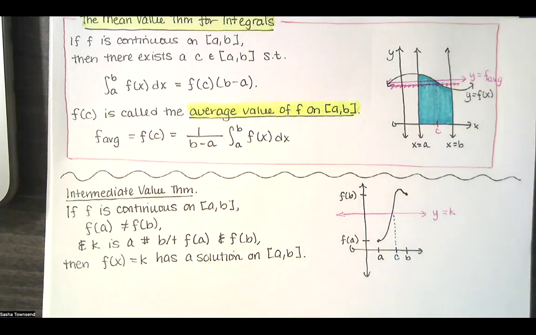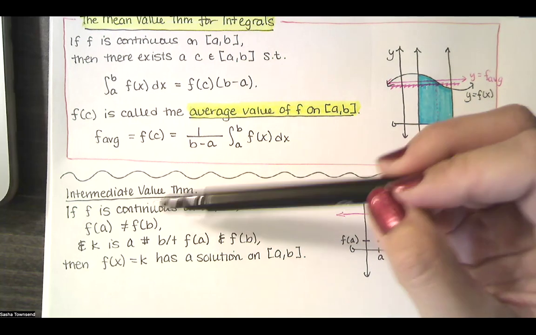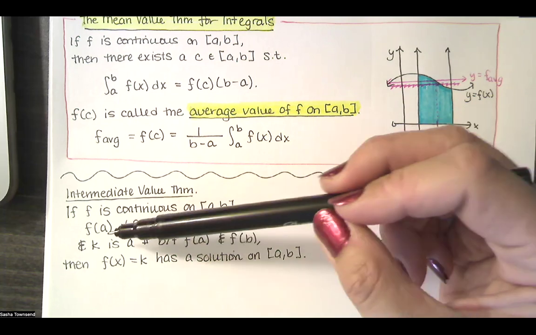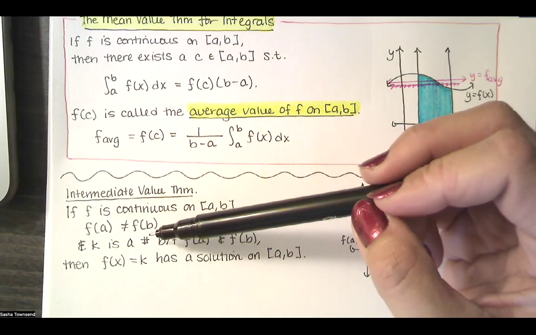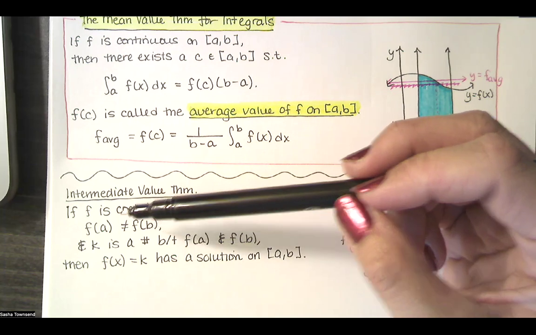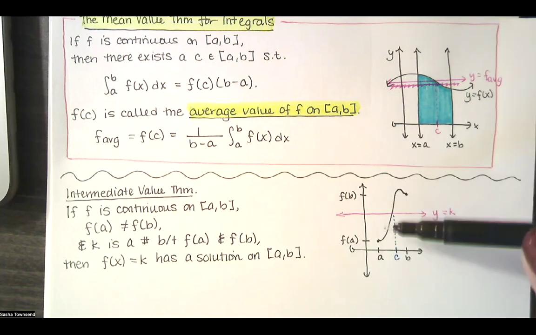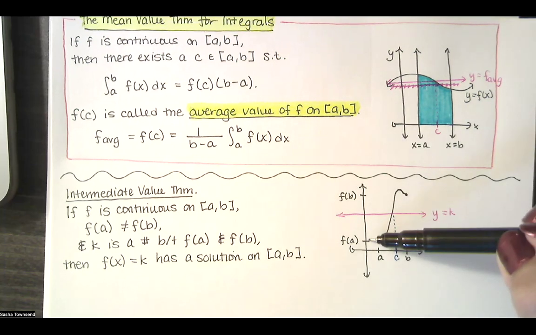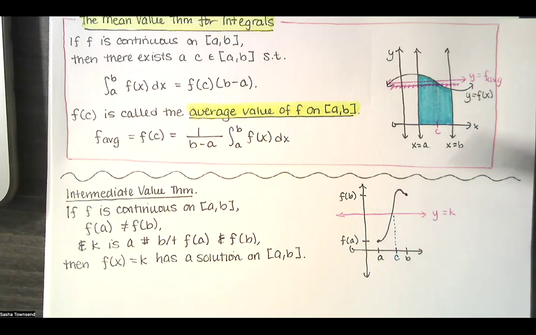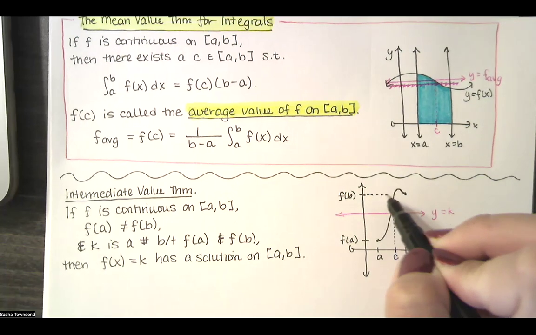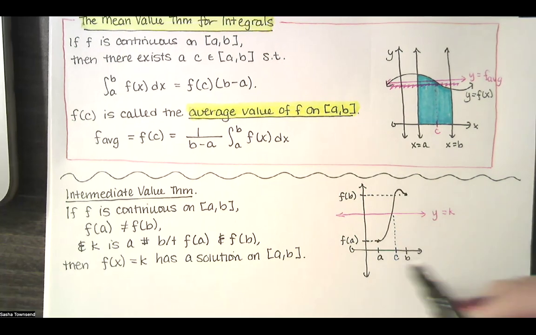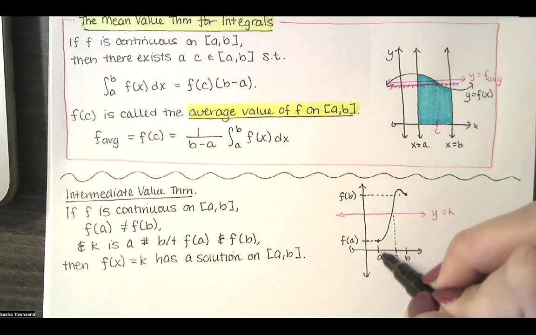Or in other words, we're saying if our function is continuous and f of a and f of b are not the same thing, then basically our function is guaranteed to have all of these y values. All of the y values between f of a and f of b are guaranteed to be associated with a particular point x in between x equals a and x equals b.